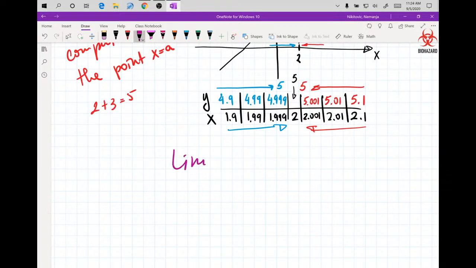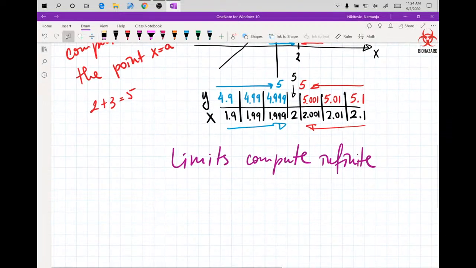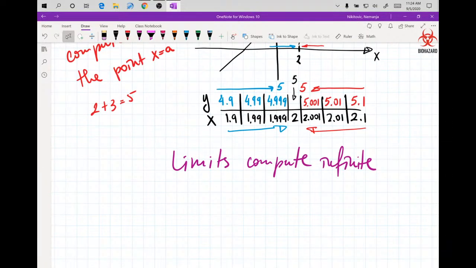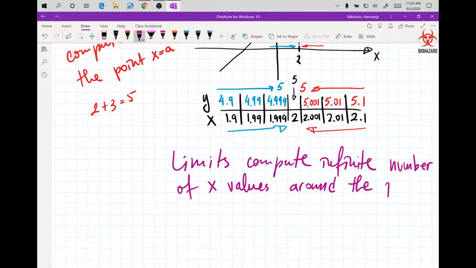Limits compute infinite number of x values around the point, but never at the point.